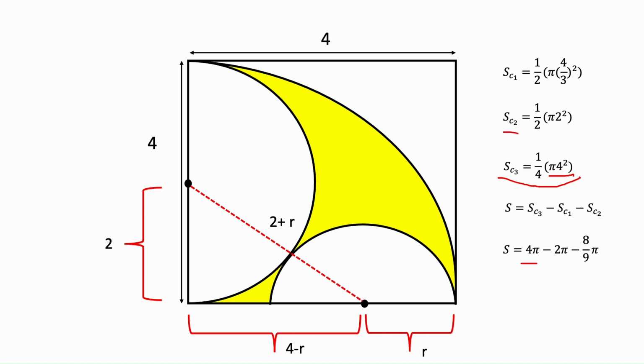The second circle is going to be 1 over 2 pi 2 squared, which is 2 pi. And the first one is 16 over 9 over 2, which is 8 over 9 pi. After calculating this, it's going to be 2 pi minus 8 over 9 pi, and now we will have S equals 10 over 9 pi.